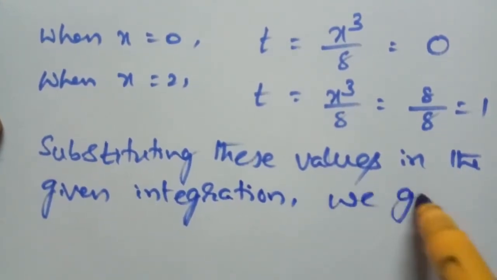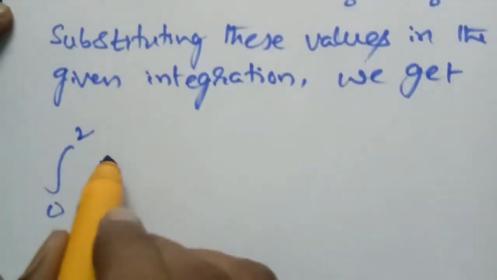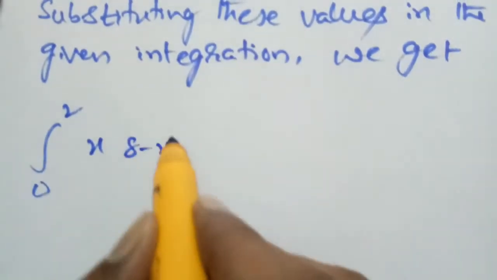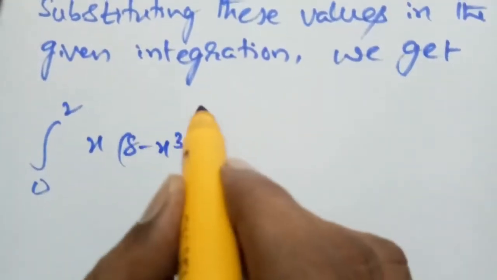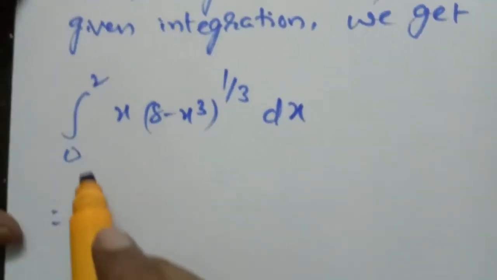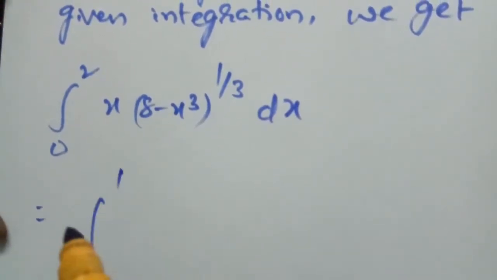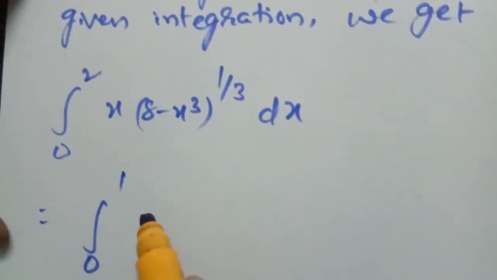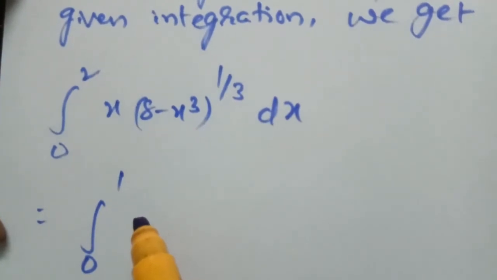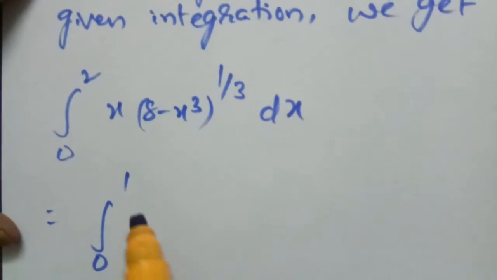we get integral 0 to 2 x into 8 minus x cube whole to the power of 1 by 3 dx is equal to, so 0 becomes 0, 2 becomes 1. So x is equal to, what is the value of x? That is equal to 8 into t whole to the power of 1 by 3.